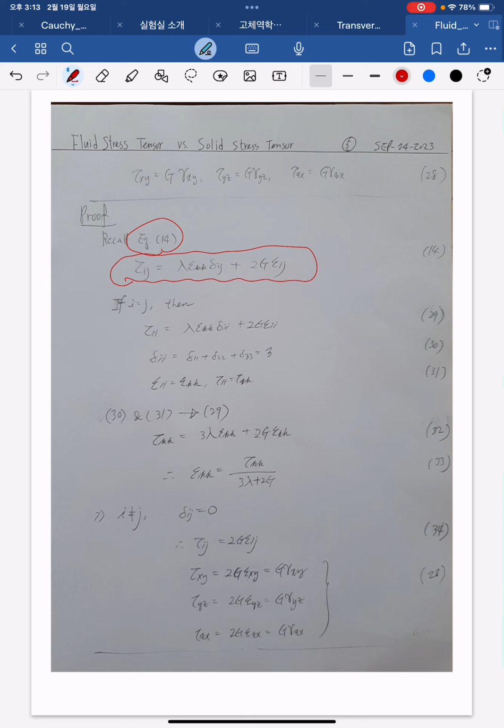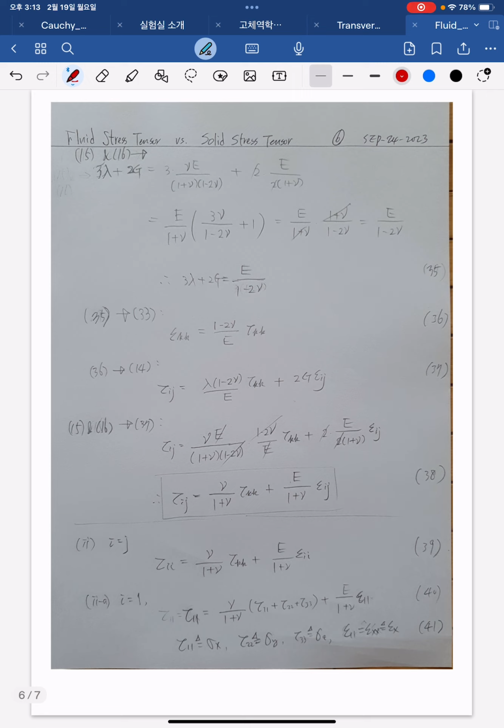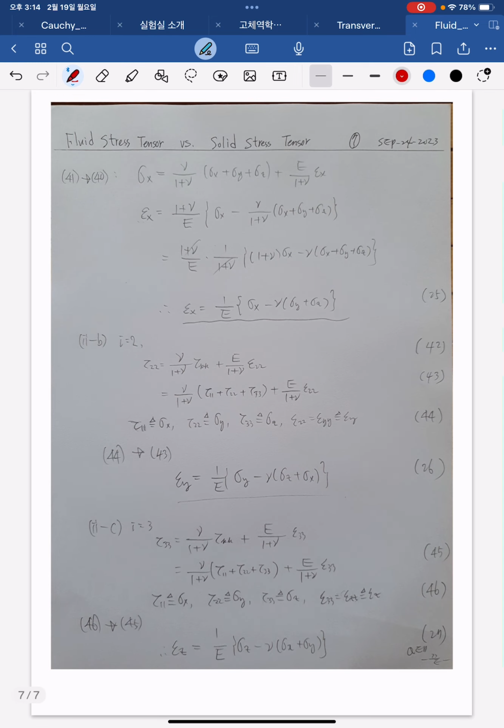Then we have epsilon kk given by this equation, and using the property of the Kronecker delta, we have these equations. After some more manipulations, the generalized Hooke's law can be obtained like this.